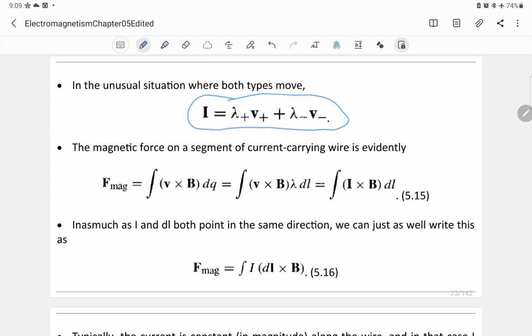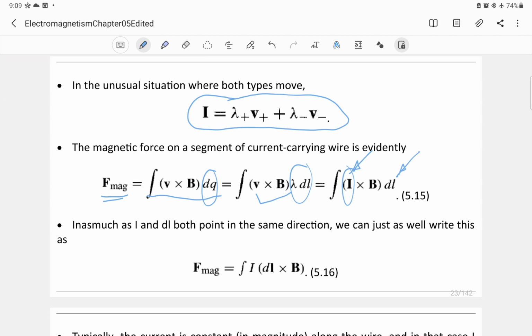So for a wire which is carrying a current, we have the magnetic force. Of course, this is the original formula, but dq is of course lambda dl, and v times lambda is just equal to I, and this I moves along the length, so the direction of I and dl are both in the same direction.